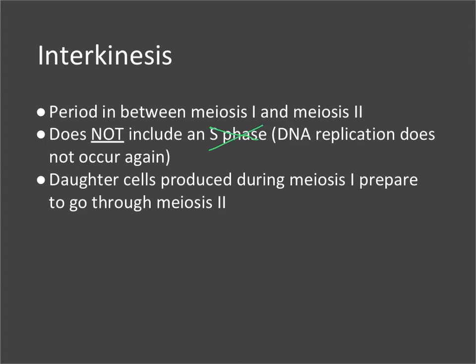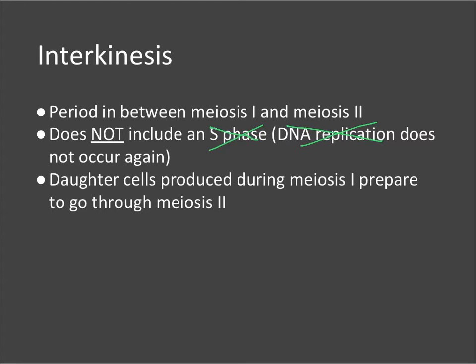So the DNA is not replicated again. This is really important because remember that the end result of meiosis is that we end up with cells that have half of the chromosomes that they started out with. If we replicated the DNA again, we would end up back with the same number of chromosomes in each cell, and that would cause a problem.